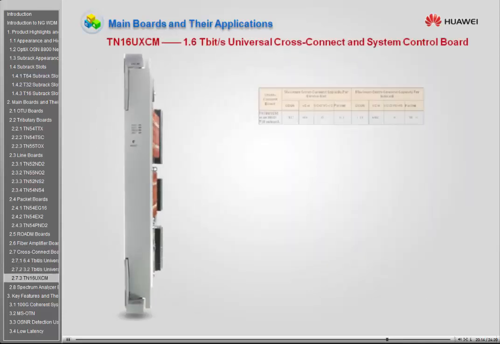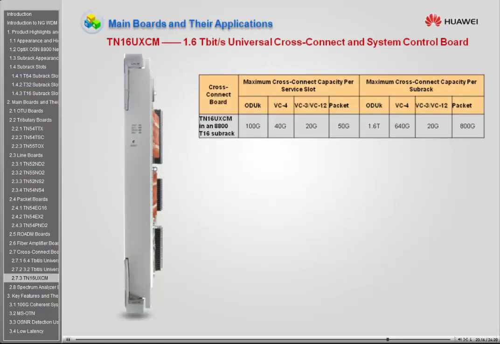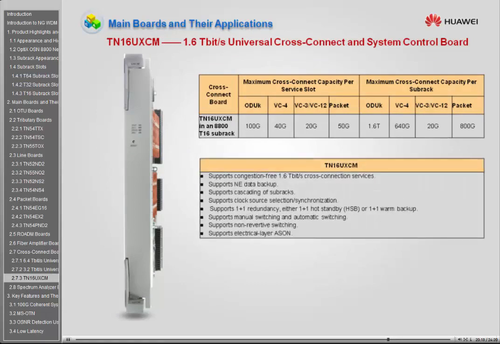The TN16UXCM board is designated for Optix OSN 8800 T16 subracks. This board supports ODUK, VC4, VC12, and VC3 cross-connections with packet switching of Ethernet services.